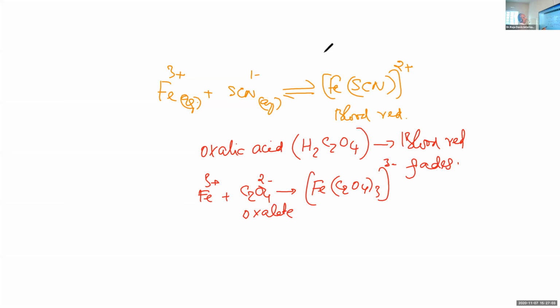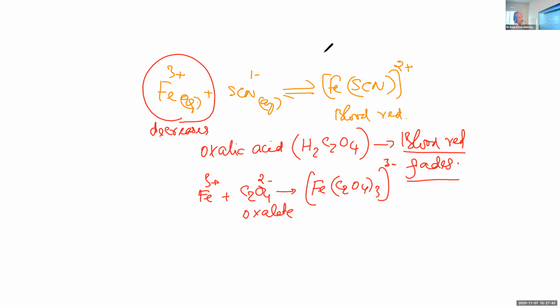And due to the formation of this Fe(C2O4)3 3- complex, the concentration of Fe3+ decreases. The concentration of the reactant decreases, and therefore the product decreases. The backward reaction increases, the product decreases, and therefore the blood red color fades. The blood red coloration decreases or fades.